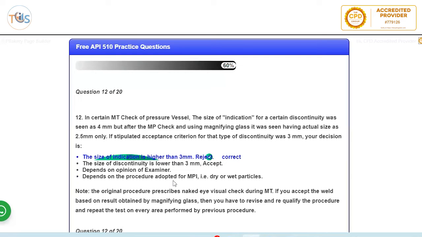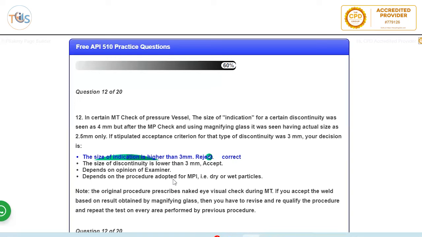Should you accept it or reject it? Now look, if you change your visual from a naked eye to a magnifying glass, you change your measurements. So this is an essential parameter first in the MT procedure or any NDT procedure. So you have to go by the procedure.